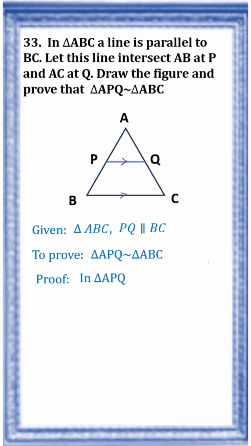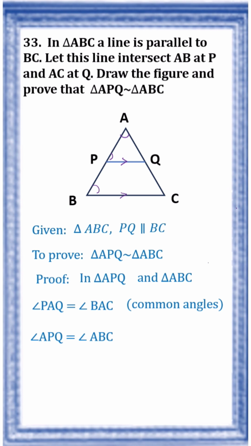Now proof: in triangle APQ and triangle ABC, angle PAQ is equal to angle BAC, because it is common. Angle P is equal to angle B, so angle APQ is equal to angle ABC. Why?